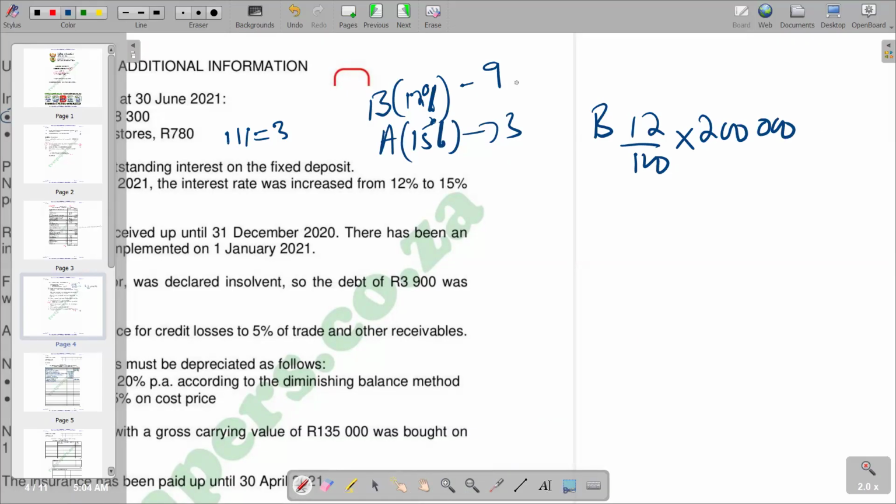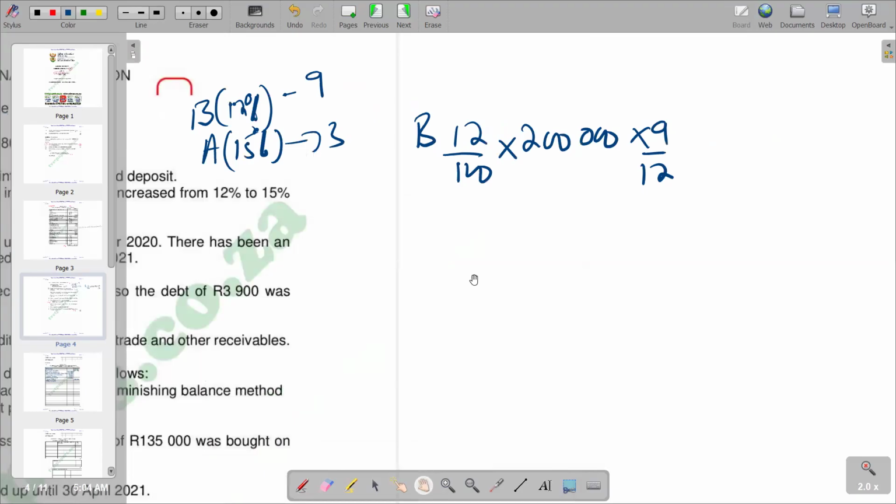Then for 9 months, we multiply by 9 over 12. You see that you get 18,000.